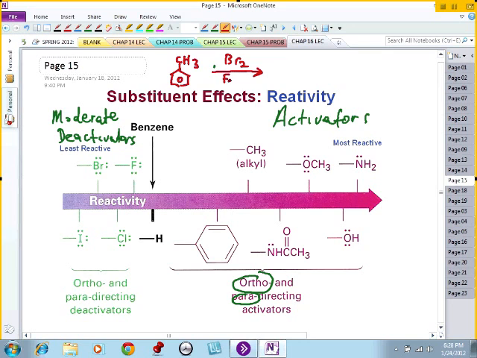Bromine, iron(III) bromide. What will be the product? This time you are going to get two products. Exactly. So you are going to get one product, which is the ortho-bromotoluene. This is toluene right here.